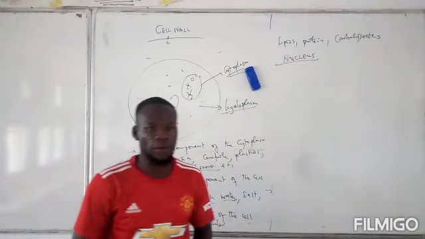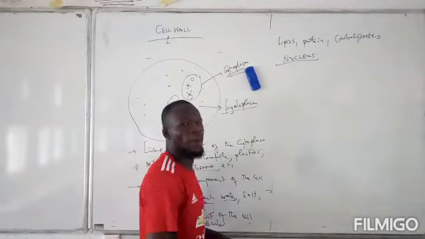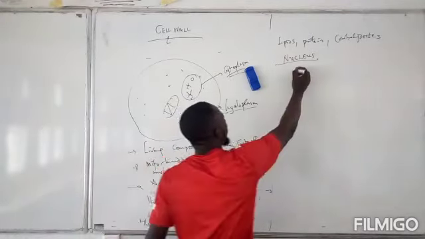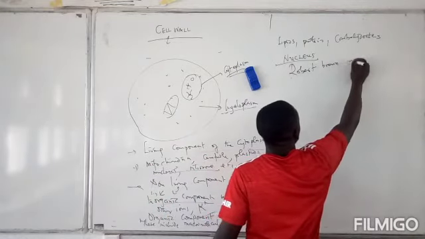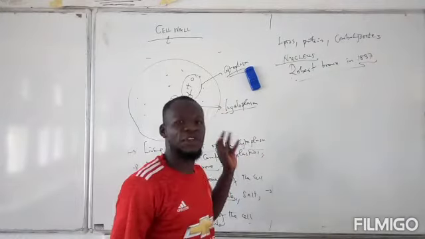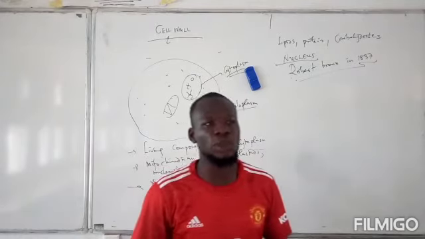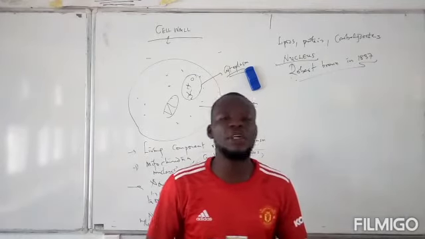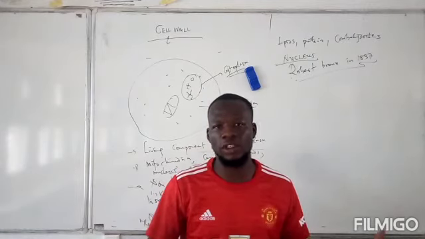Now the nucleus is known to have been discovered by Robert Brown in 1837. Of course, the nucleus is a very important part of the body system because it is responsible for all the various activities of the cell. It is also known to control the activities of the cell.